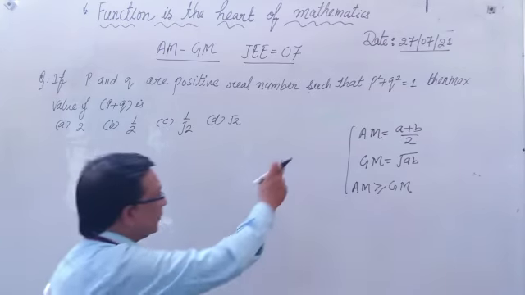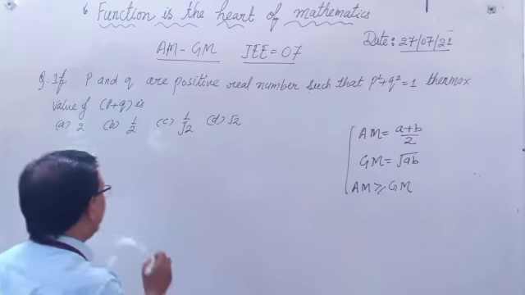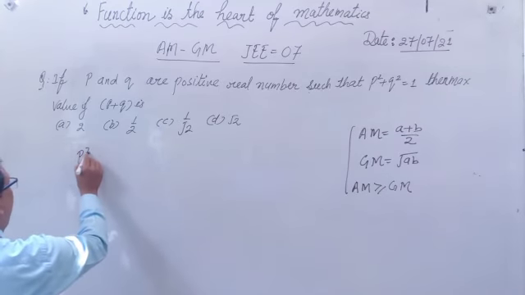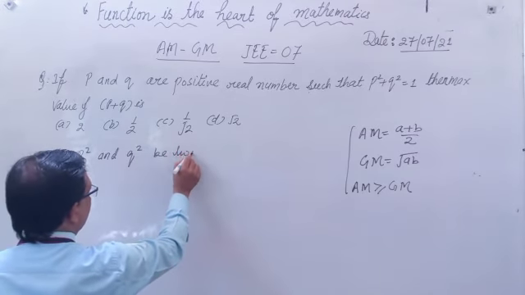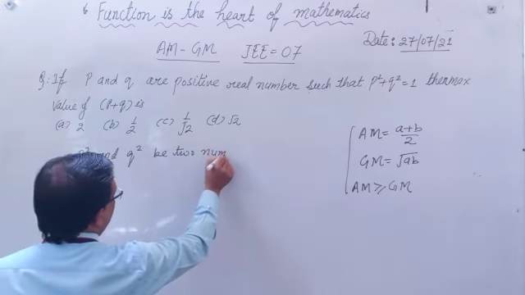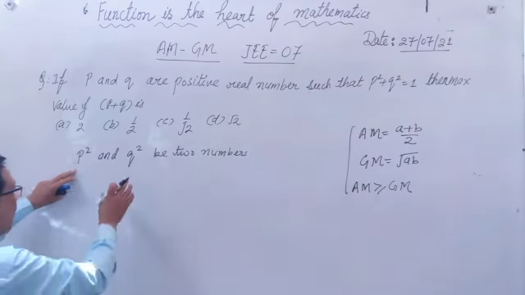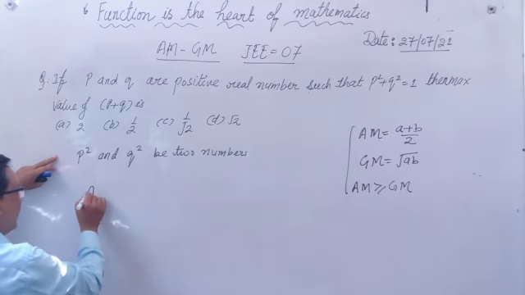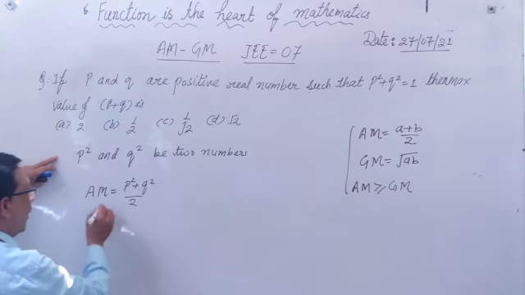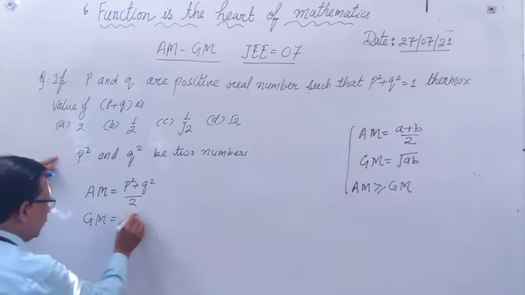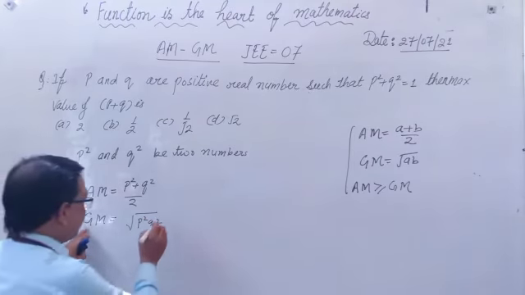It is given that p square plus q square is equal to 1. So let us consider p square and q square as two numbers. The AM of the two numbers is p square plus q square upon 2 and GM is root of p square q square, which is pq.